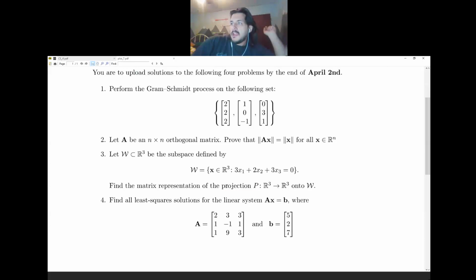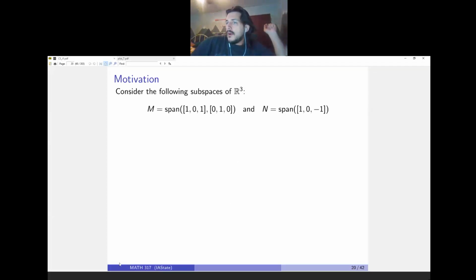So let's explain what projection is going to mean exactly. Consider the following subspaces of R3. What do we have here? We have the span of 2 elements, and the span of 1 element. I can't give you the exact picture, but an idea of what these look like.